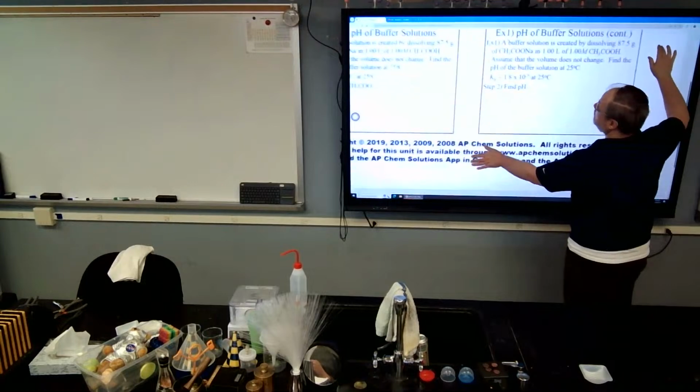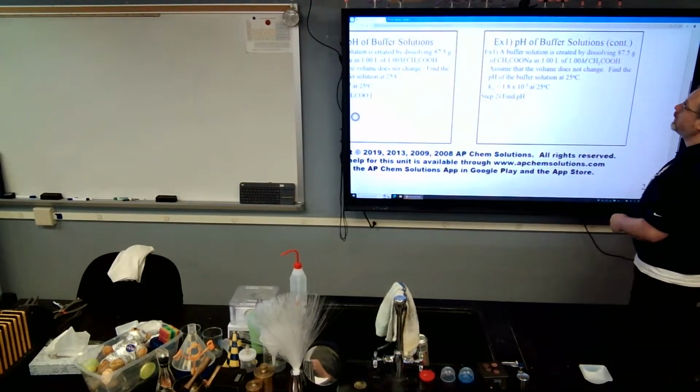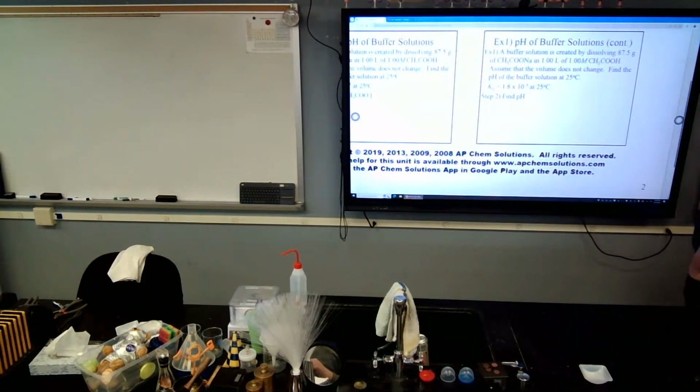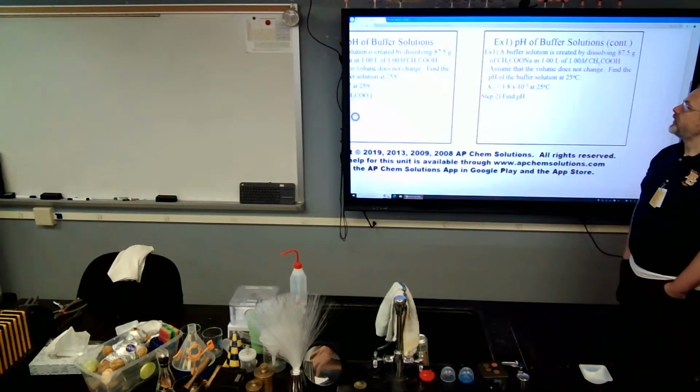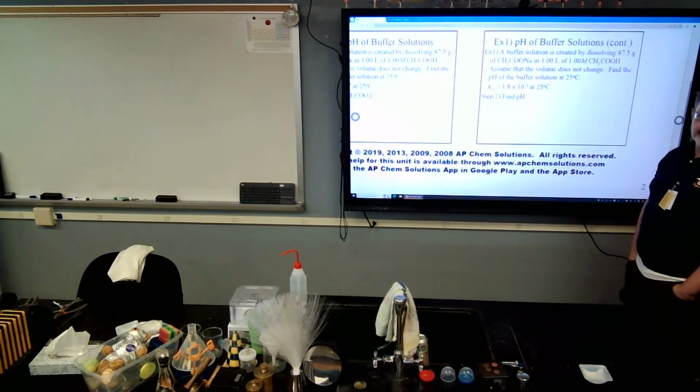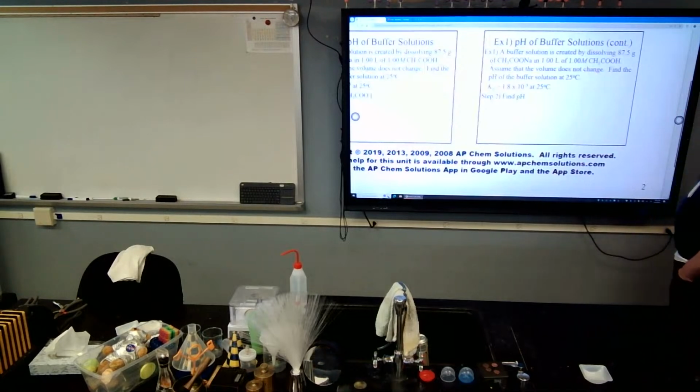So let's go ahead and bang that one out. A buffer solution is created by dissolving 87.5 grams of sodium acetate. Again, CH3COO is once again the acetic acid, one of the 3 ways they show acetic acid. And it's a Ka that every AP chemistry teacher has memorized, 1.8 times 10 to the negative 5.